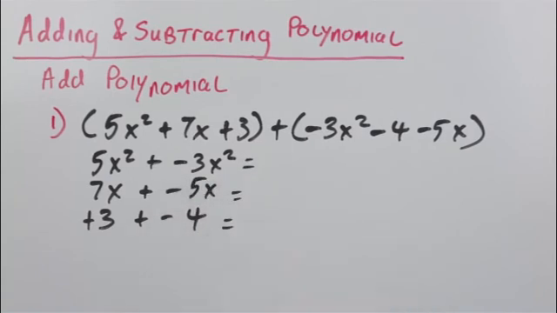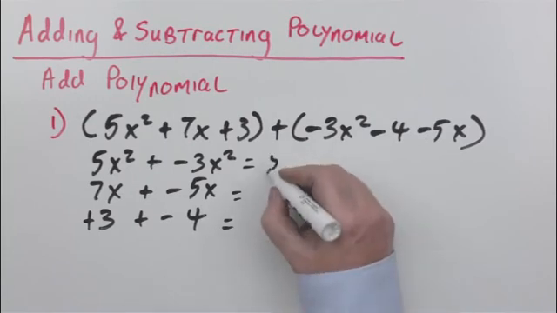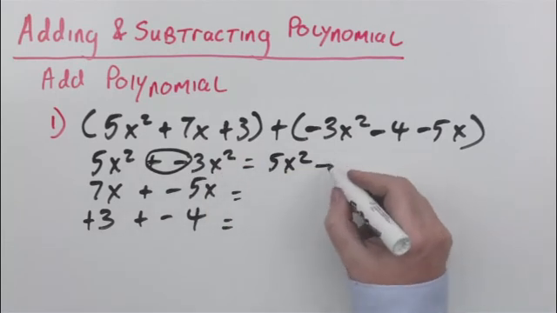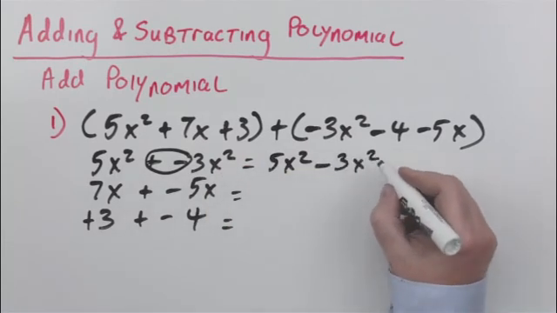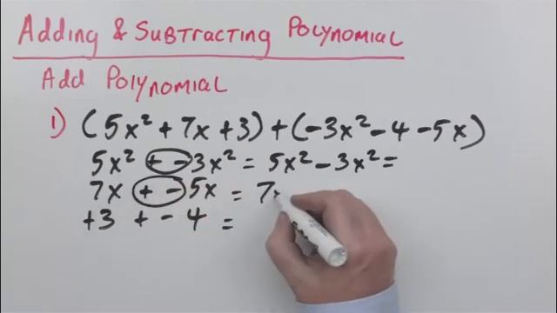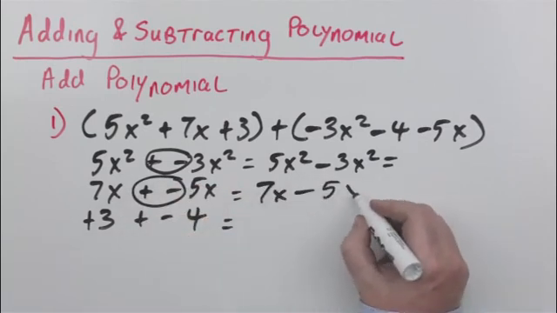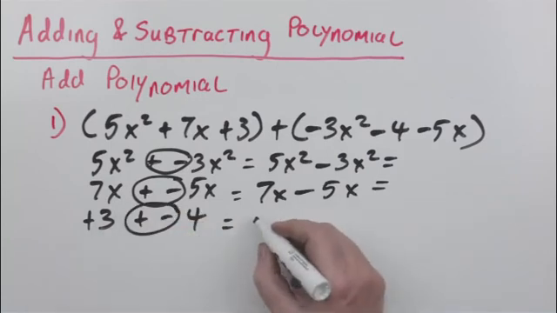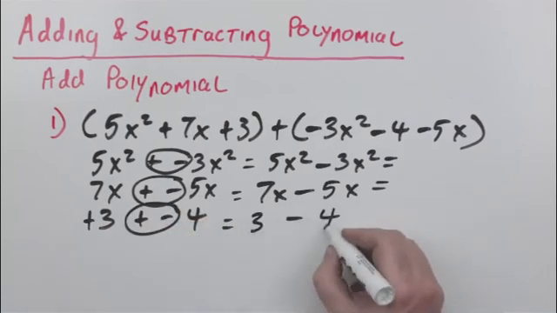Great. Well, the first thing I need to do is make these two signs into one. If I have a negative and a positive, they both become a negative, so it's 5x squared, negative 3x squared. Those positive and negative become a negative, so that's 7x minus 5x. Again, they become a negative, so it's 3 minus 4.